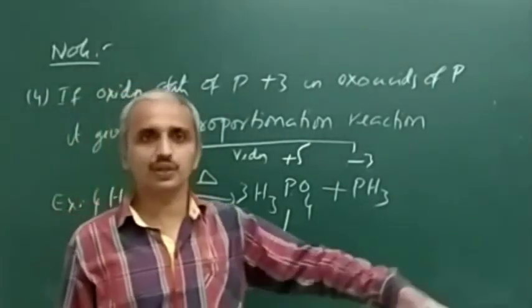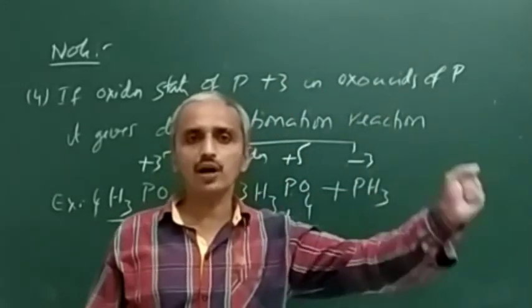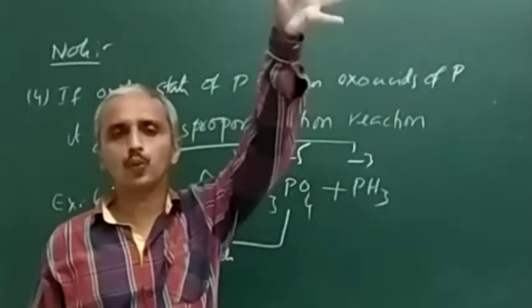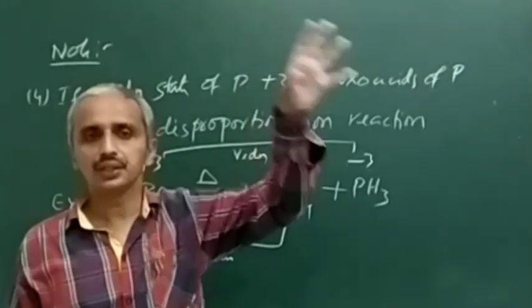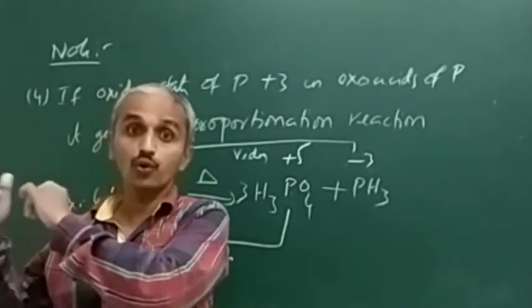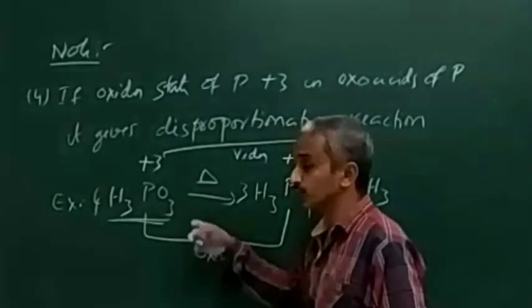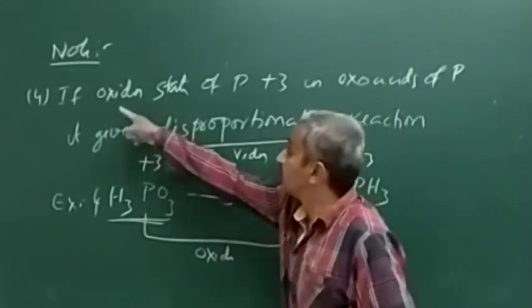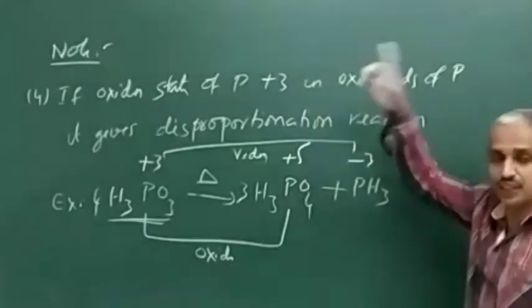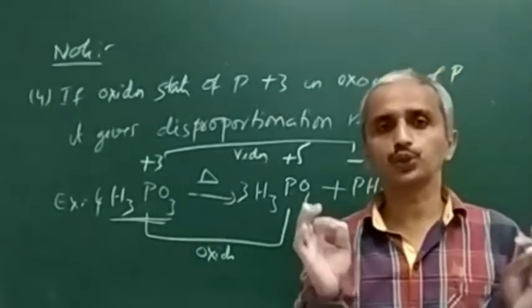From this concept also, question can be there in the competitive exams. Among these, which shows disproportionation reaction? A. H3PO2, B. H3PO4, C. H3PO3, then you write H3PO3, and I mentioned if the oxidation state is +3, definitely shows disproportionation reaction.